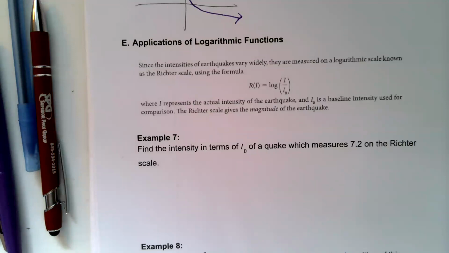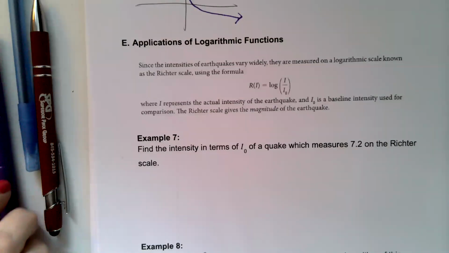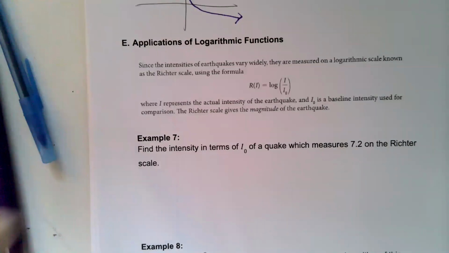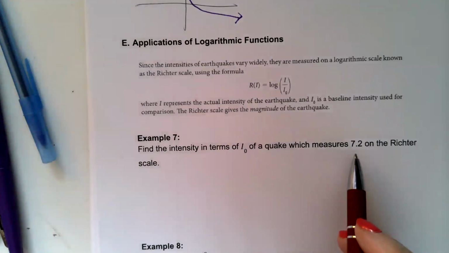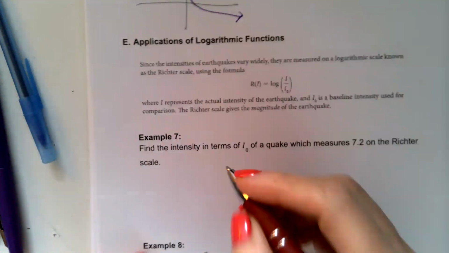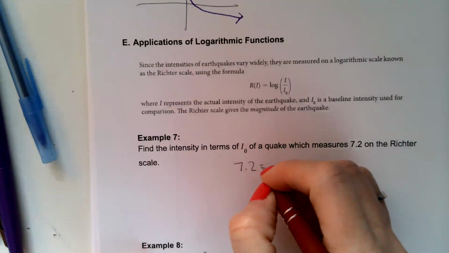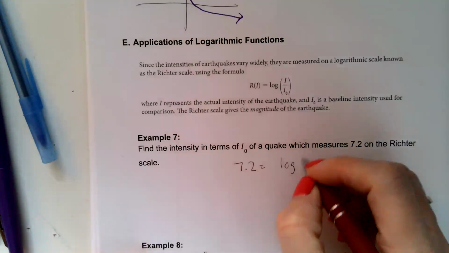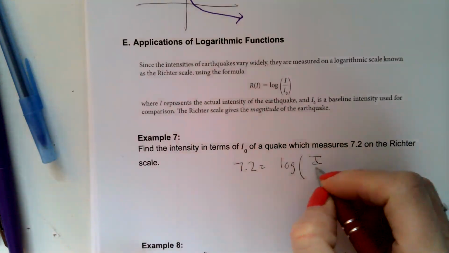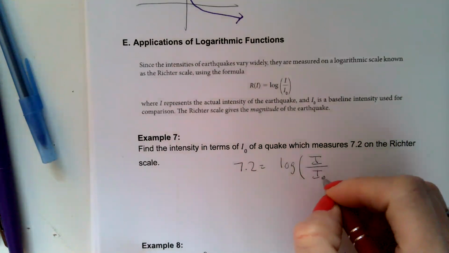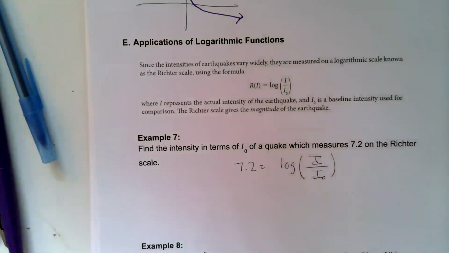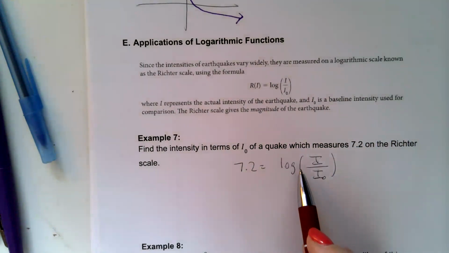Let's look at that. Since we know that this earthquake measured 7.2 on the Richter scale, we can write it as 7.2 equals the log of the intensity with respect to the base intensity. And so this is our common log, base 10.